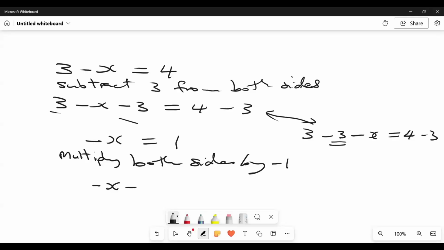Minus x multiplied by minus 1 equal 1 multiplied by minus 1. This here becomes x, right? A negative by a negative gives you a positive, and this becomes minus 1. You could also have divided both sides by minus 1. You could have done that too, right? Another approach, right? Another approach is this.